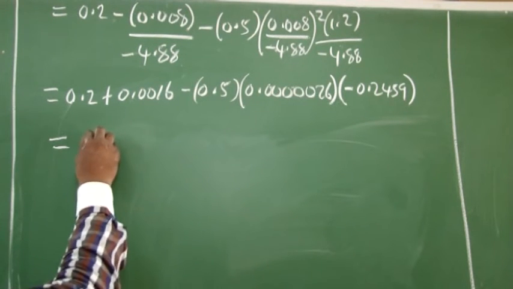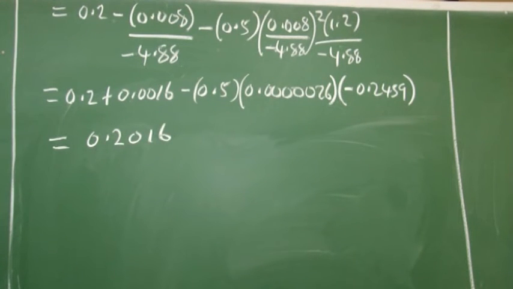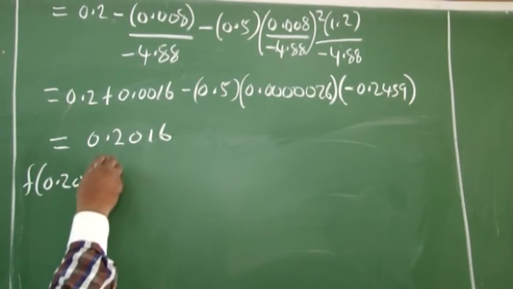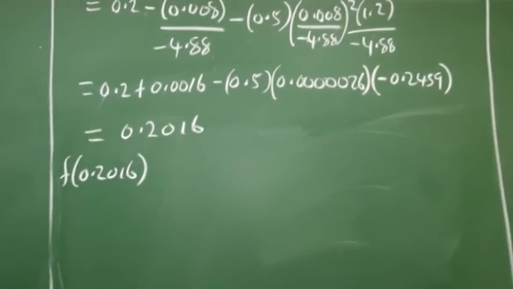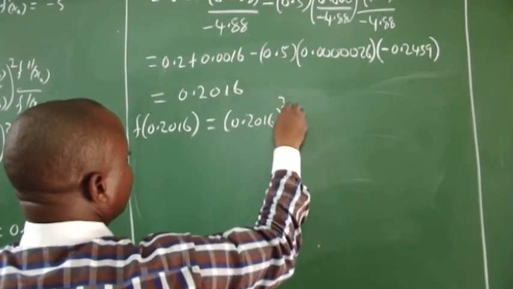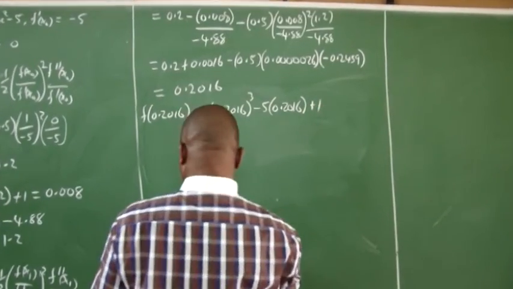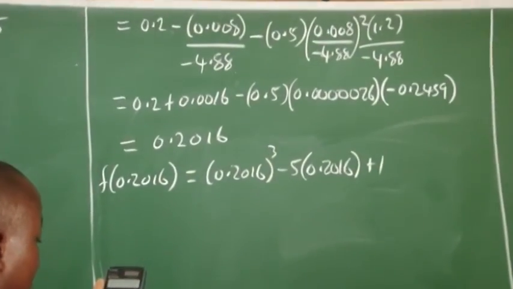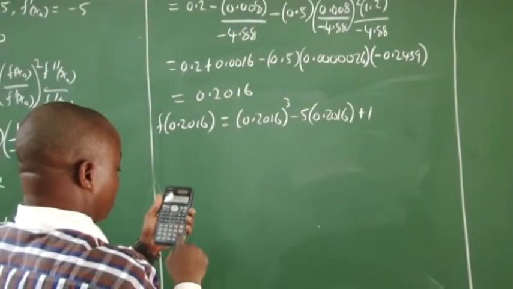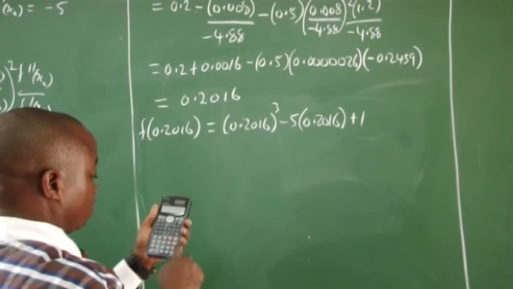Then we have 0.2016. Now, f of 0.2016, that is f of x2, will equal 0.2016 cubed minus 5 times 0.2016 plus 1. And let's compute that. 0.2016 cubed minus 5 times 0.2016 plus 1.